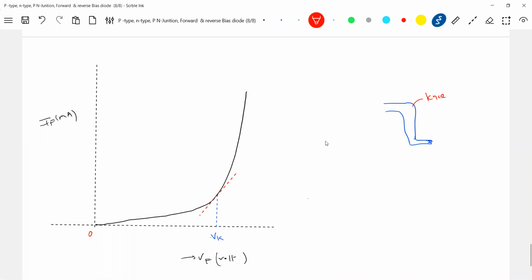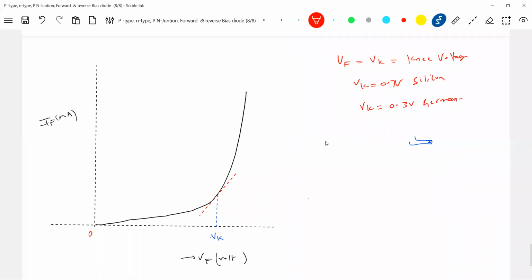There's a 0 volt here. Now, what is the knee voltage? The knee voltage is also called the forward voltage. For how much is it? 0.7 volts for silicon, and 0.3 or 0.4 volts for germanium.